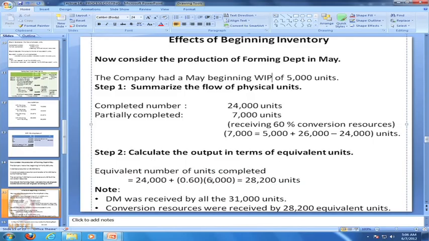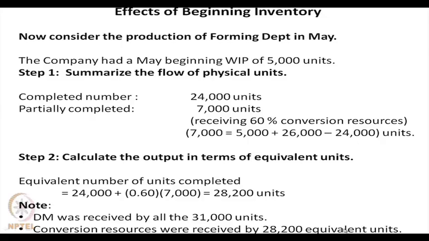This should be 7,000, because 7,000 units are in a semi finished stage receiving 60% conversion resources. Therefore, 7,000 multiplied by 0.6 is 4,200, and when added to 24,000 that have been completed and transferred, the sum becomes 28,200 units.